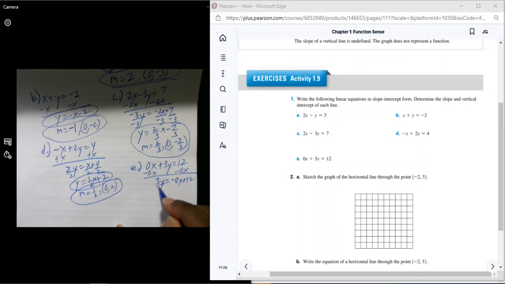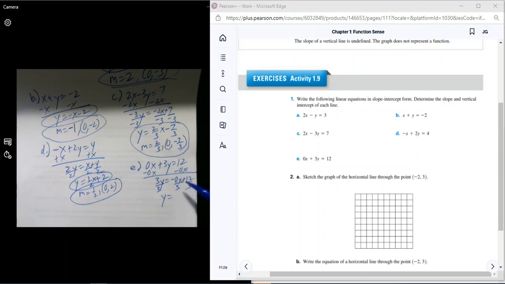Then we could divide each individual term by 3, and y is equal to, now, I didn't do this initially, but you cannot have a negative 0, it's just 0. So 0 divided by 3 is 0, so this would be 0x, and 12 divided by 3 is 4. So this is considered to be the slope-intercept form.